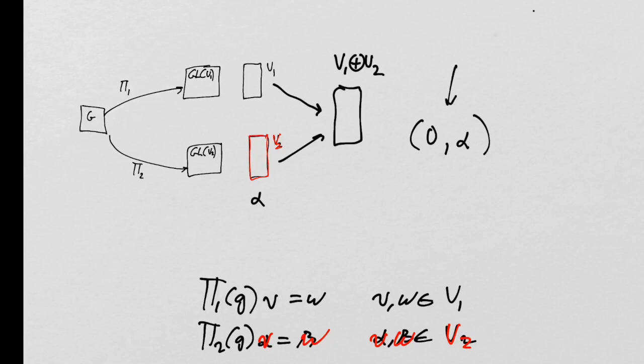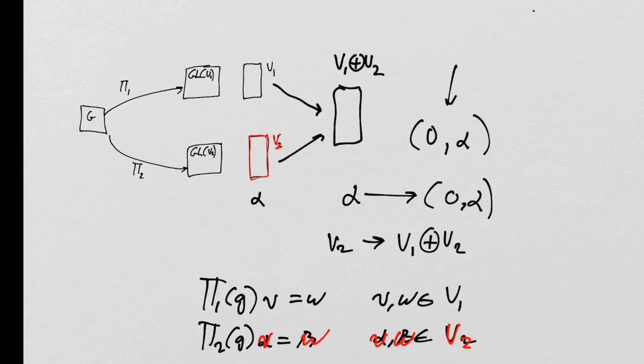So alpha goes to (0, alpha). That's a mapping from V2 to V1 plus V2. And it's one-to-one, by the way, but it's not onto, obviously. Okay, so the point is there are these mappings, so I feel okay drawing arrows in that case.